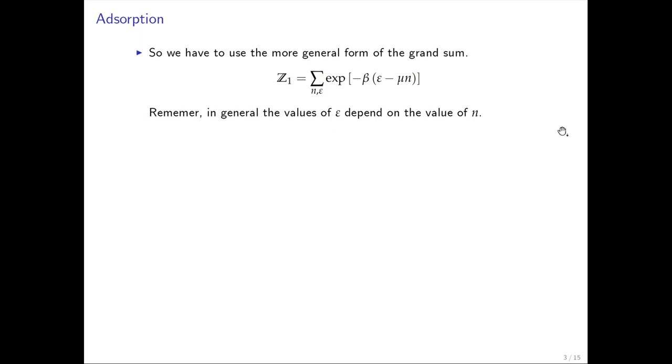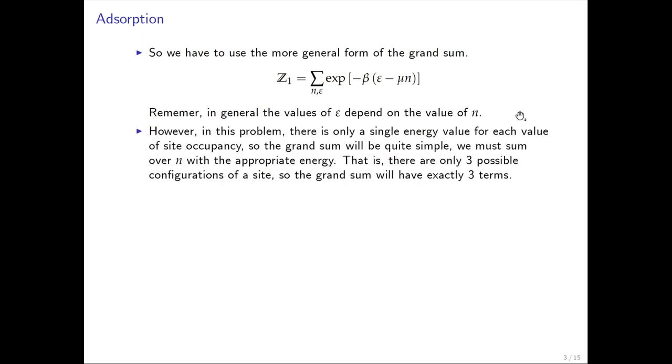Now, in general, remember that the values of epsilon here depend upon the value of n. But in this problem, there's only one energy value for each value of the site occupancy. So the grand sum in this case will be quite simple, and we just need to sum over n with appropriate energies.